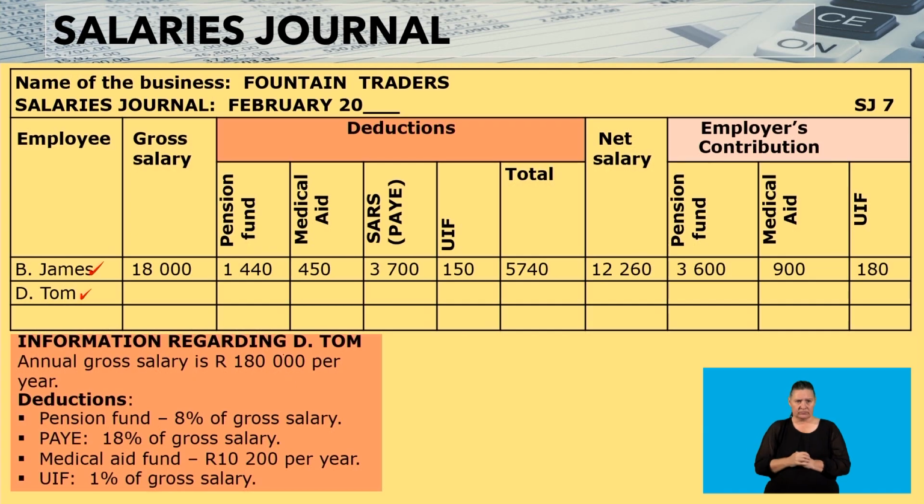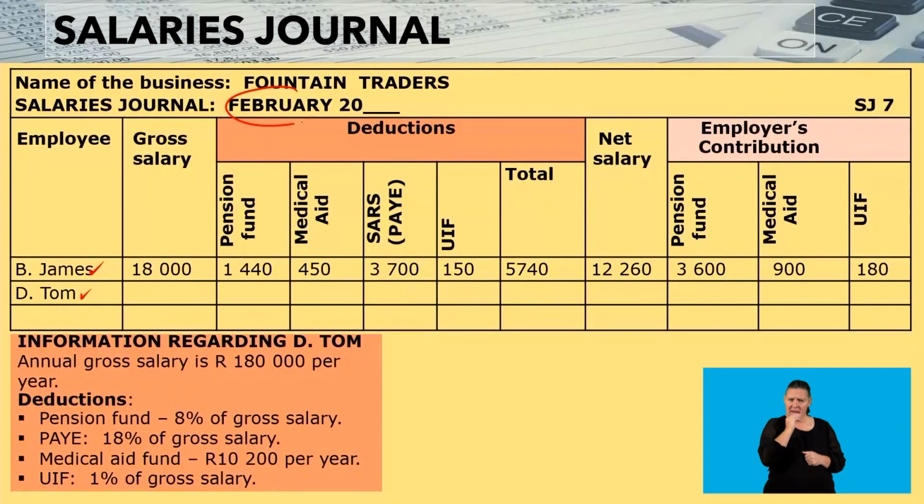We now know that an annual gross salary is for 12 months, but our Salaries Journal in this case is for the month of February. So we only need an amount for 1 month. I would then take my 180,000, I divide it by 12, and I would then get an amount which is 15,000. I'll come here. My gross salary is 15,000.